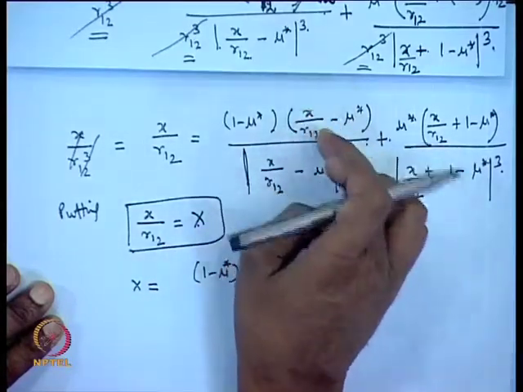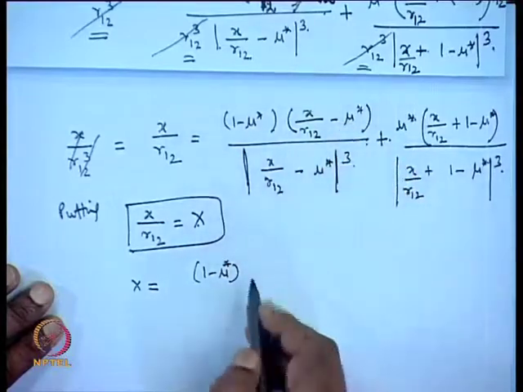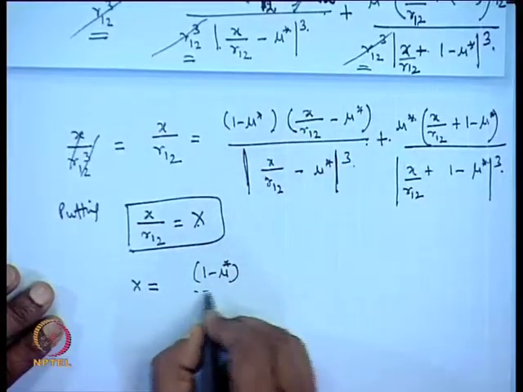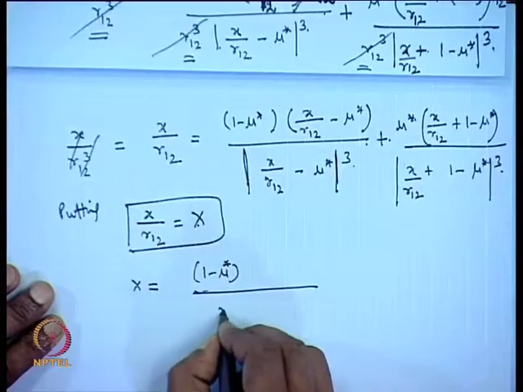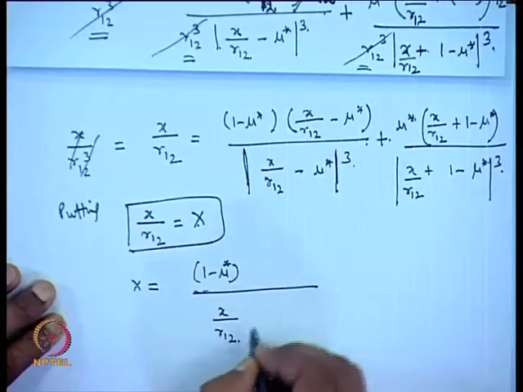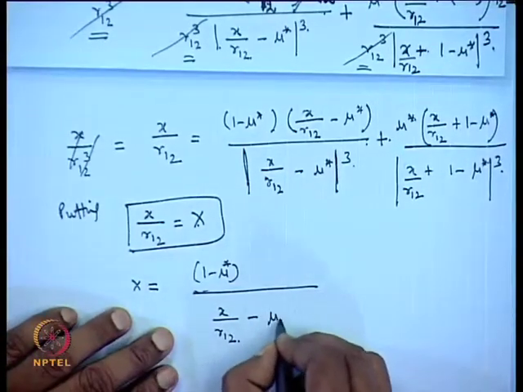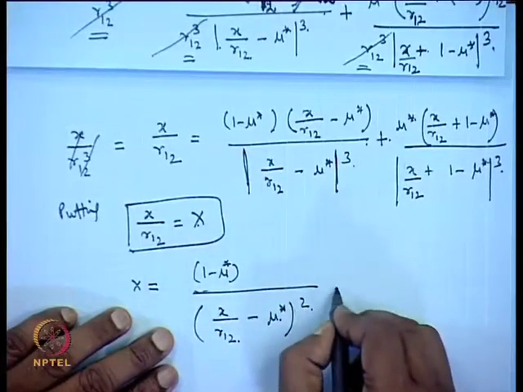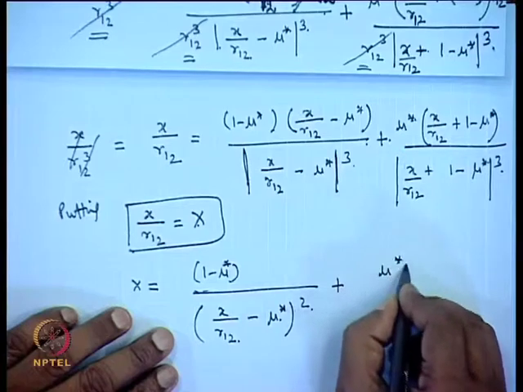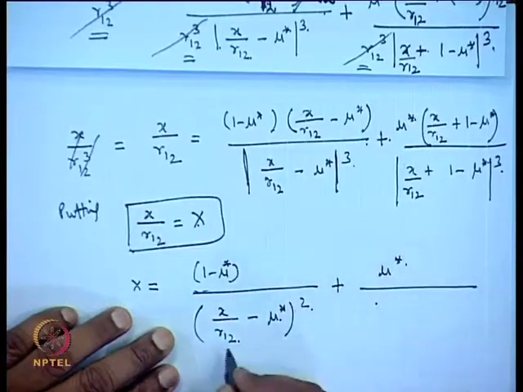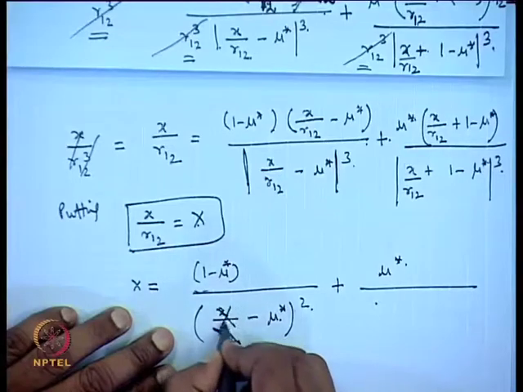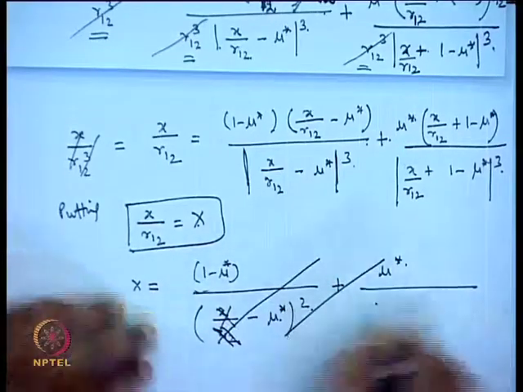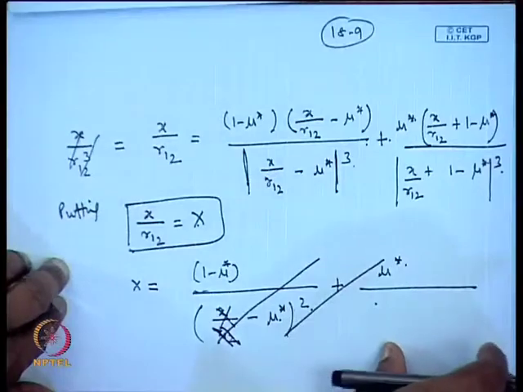So, if x by r 1 2 is greater than mu star, we can cancel out one of the terms and then we can write this as x by r 1 2 minus mu star whole square plus, okay, and this we are going to replace by capital X. So, we are replacing this by capital X. Take to the next page.